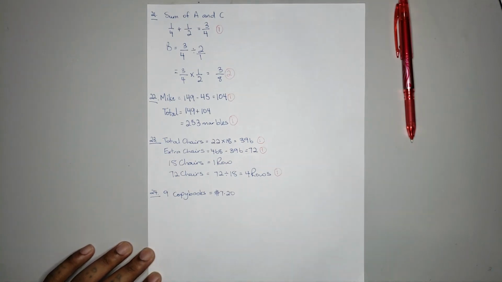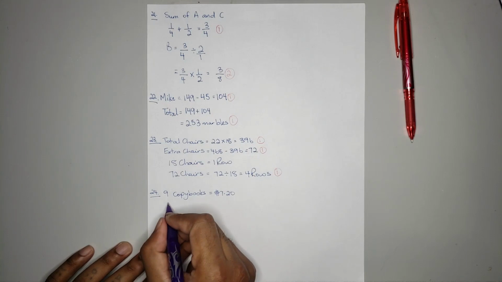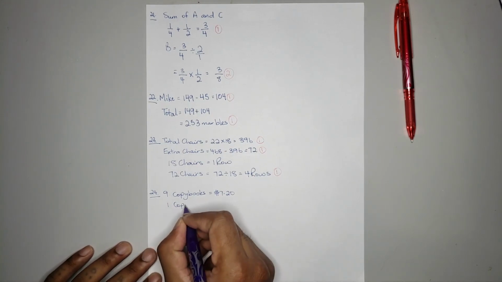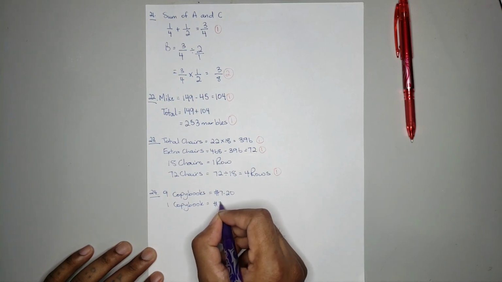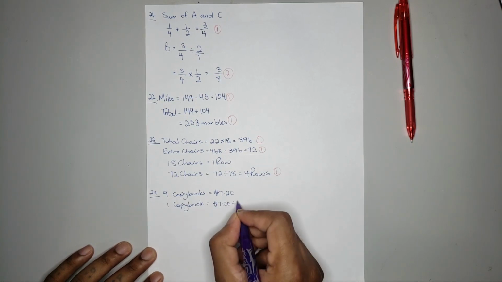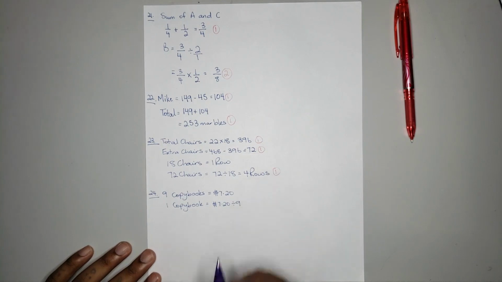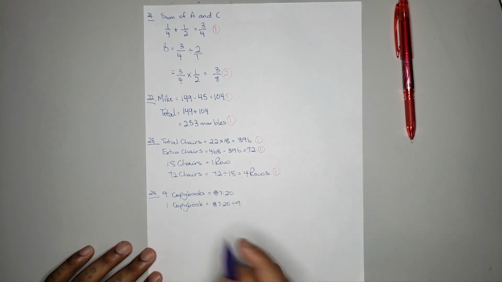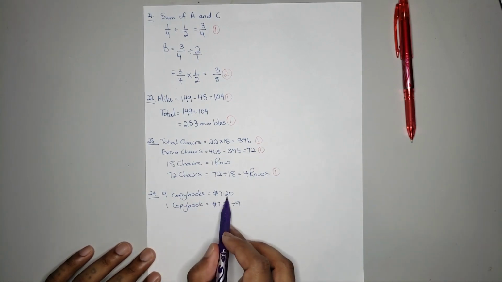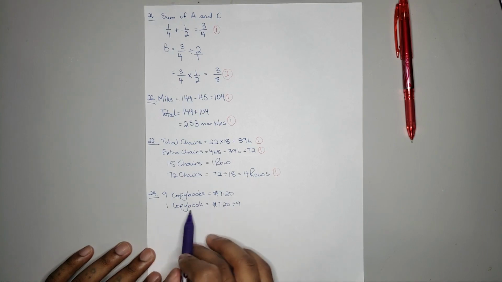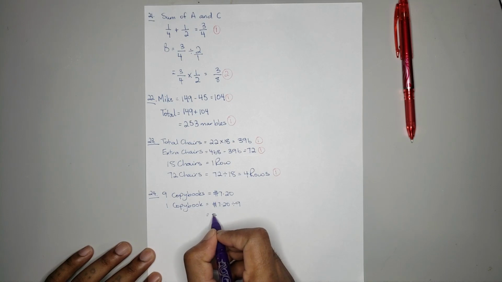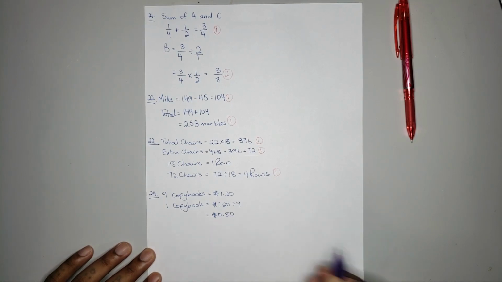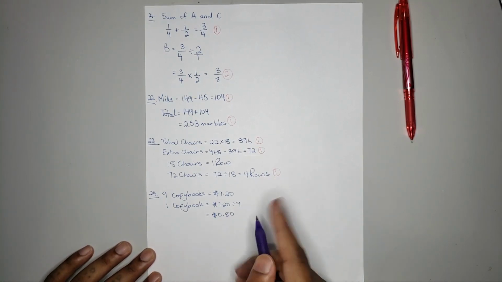So the cost for 1 copybook is equal to $7.20 divided by 9. Always find for one and then find for many. So 1 copybook will be $7.20 divided by 9, which is equal to 80 cents.